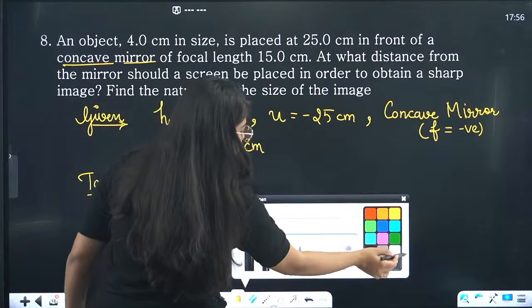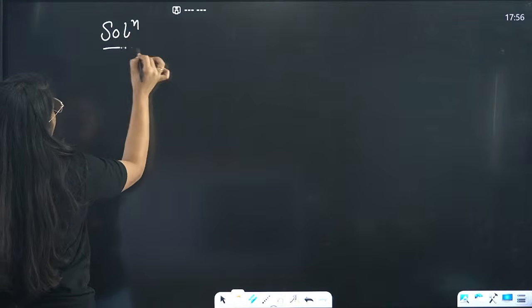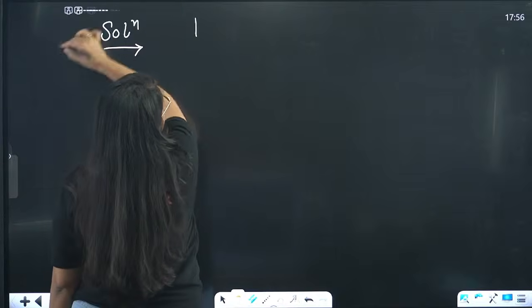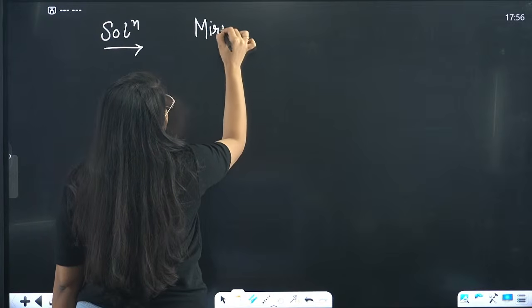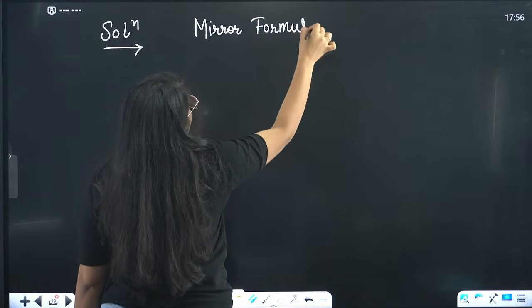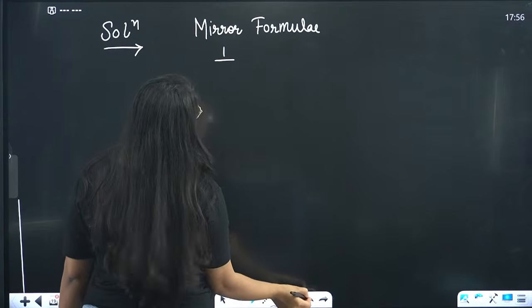Now for solution, we will use white pen. Okay, solution is what? Now simply we have to find V. So we'll have to use mirror formula, right? We will use mirror formula. Done. Now what is the mirror formula? 1 by F equals to, correct?